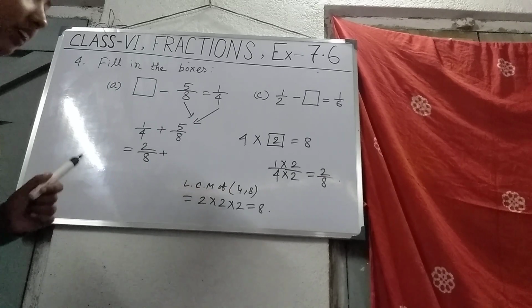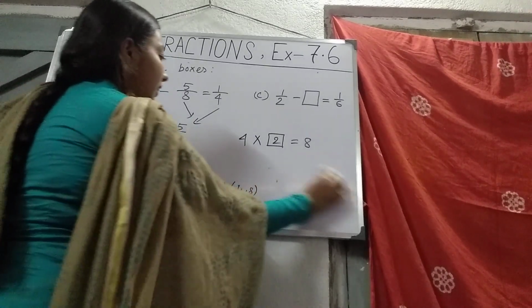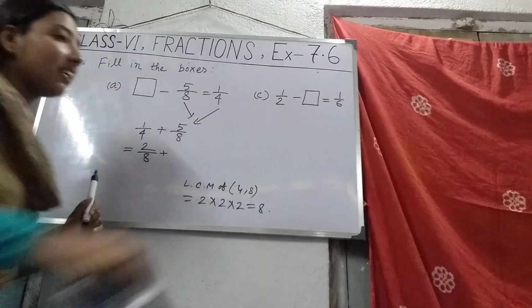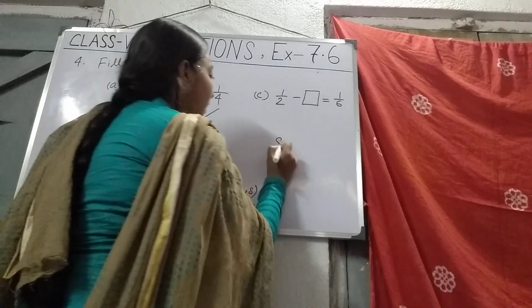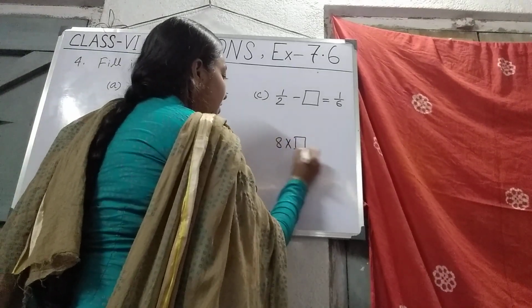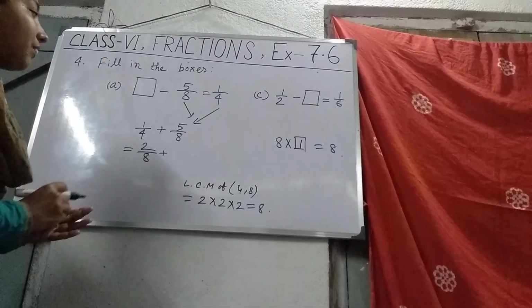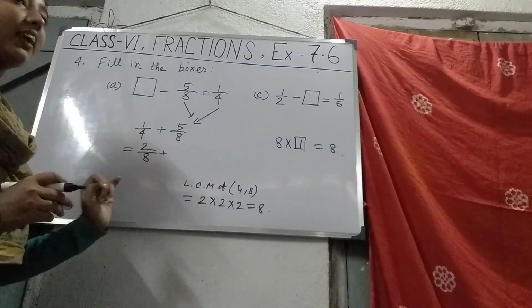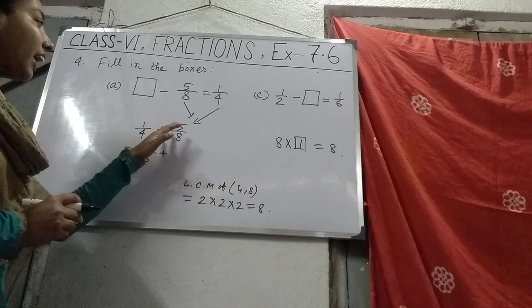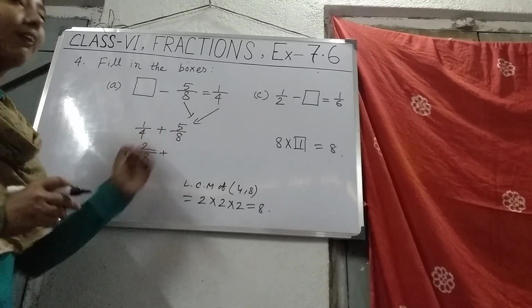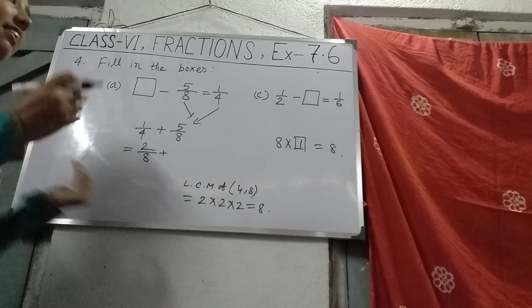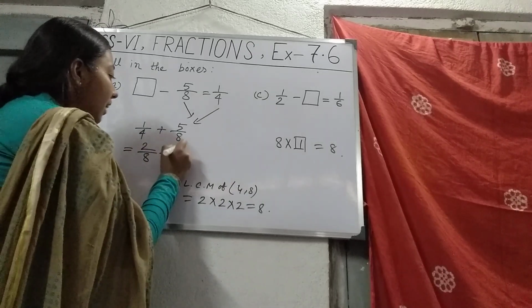Okay. Now for the second fraction, in denominator it is 8. So by which number should we have to multiply so as to get 8 itself? Definitely 1. That means we have to multiply both numerator and denominator by 1. After multiplying by 1 in both numerator and denominator, we will get the same fraction, that is 5 upon 8.